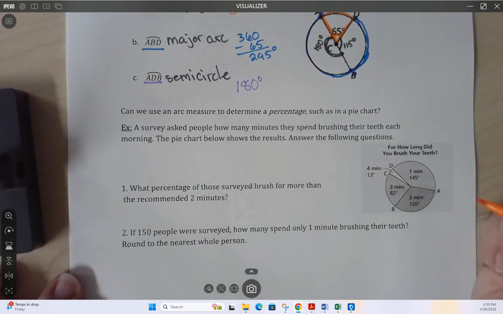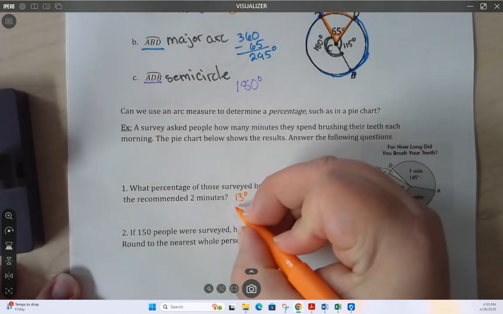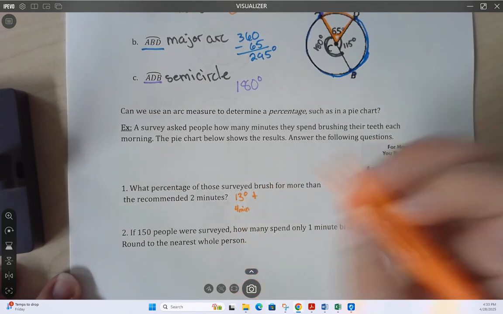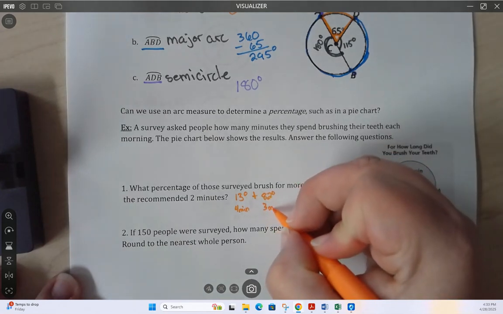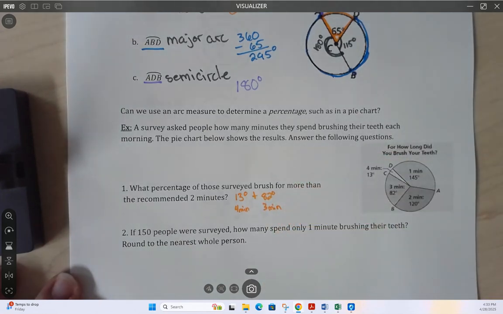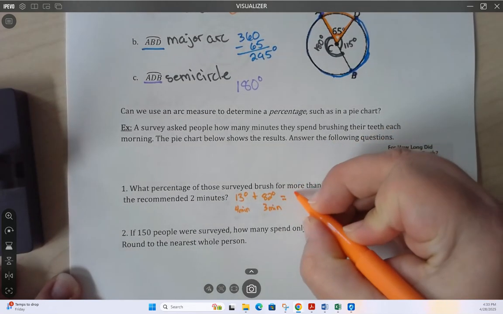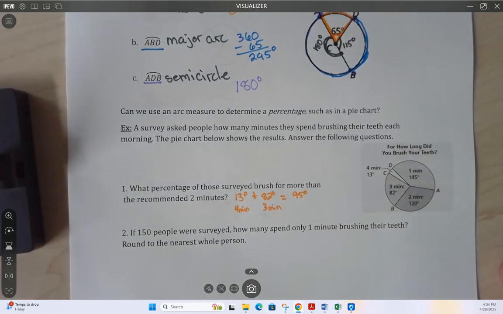So we're going to add 13 degrees for the 4 minutes plus the 82 degrees for the 3 minutes, because we can add arc measures, and we get 95 degrees. So 95 degrees of our survey brushed for more than 2 minutes.